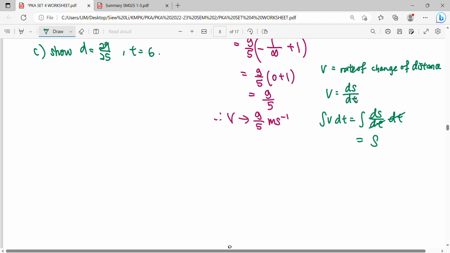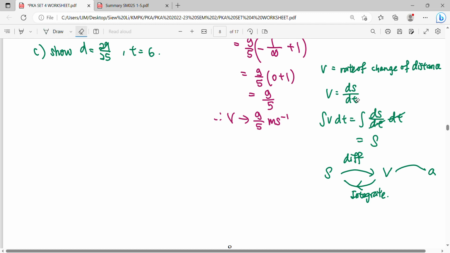Alright. From distance, you differentiate, you get velocity. Rate of change of distance, you get velocity. So from velocity to get back the equation of distance, integrate. Actually, this can also be applied to velocity and acceleration.